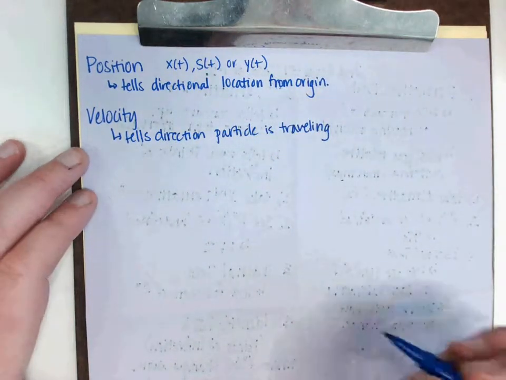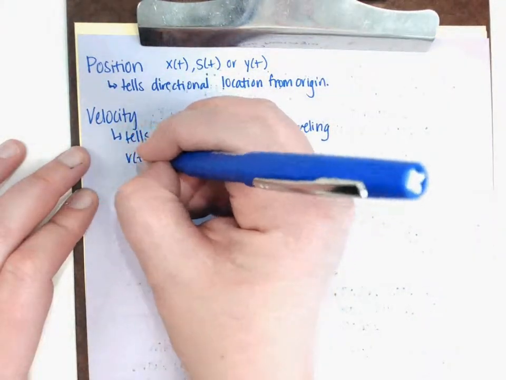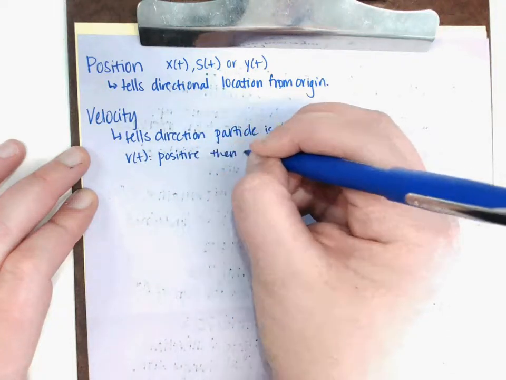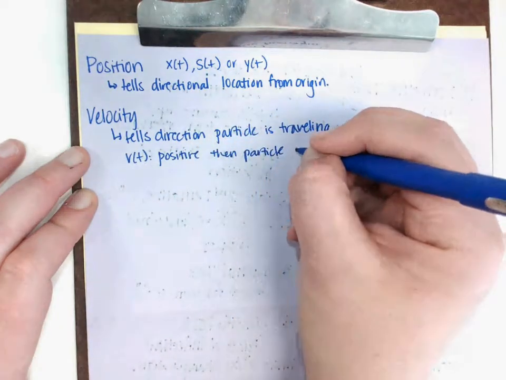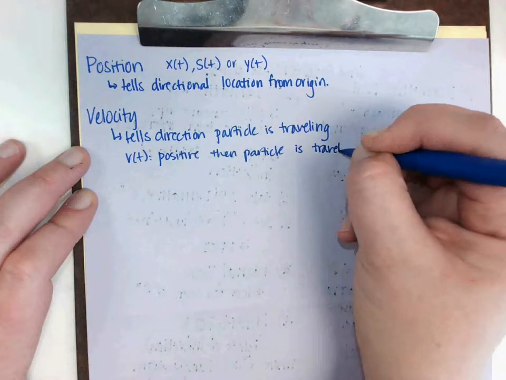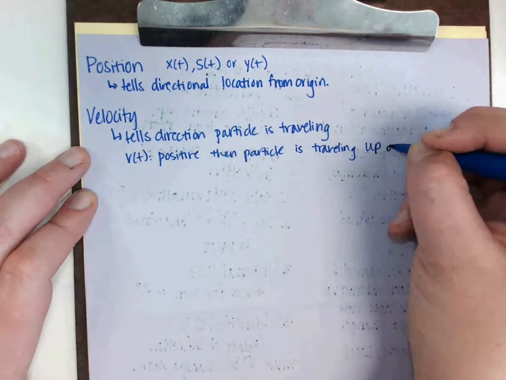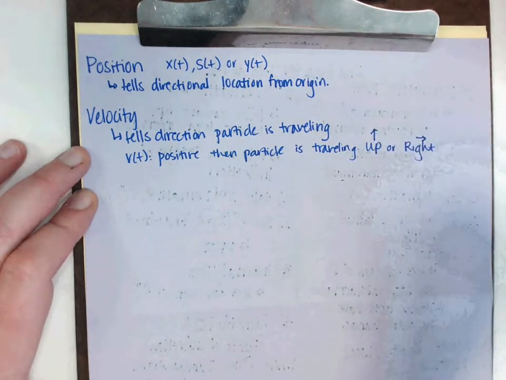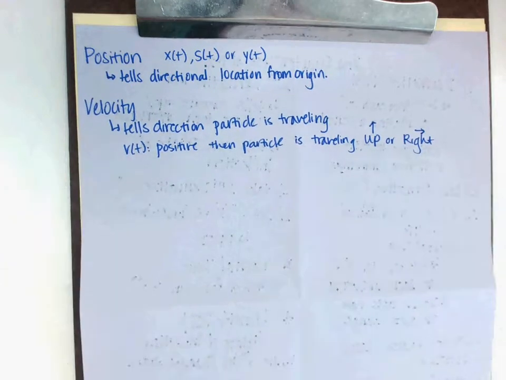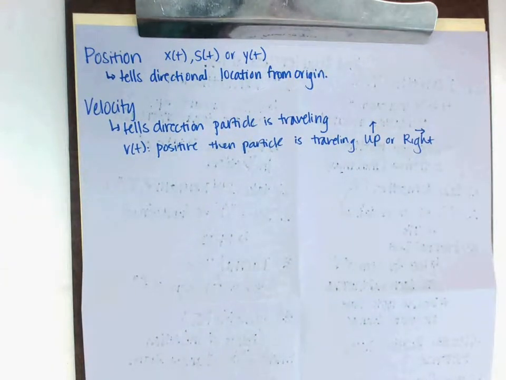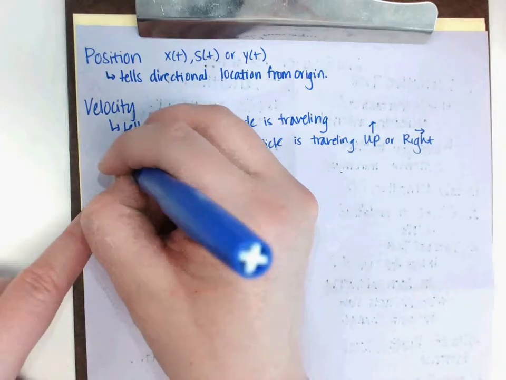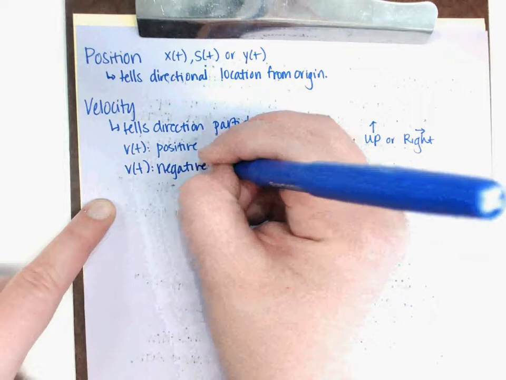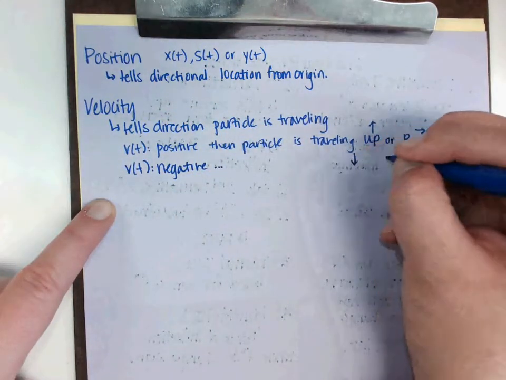Remember that when velocity is positive, then the particle is traveling up or to the right, because typically those are your conventionally positive directions. Versus, obviously, if velocity is negative, then the particle is traveling down or to the left.